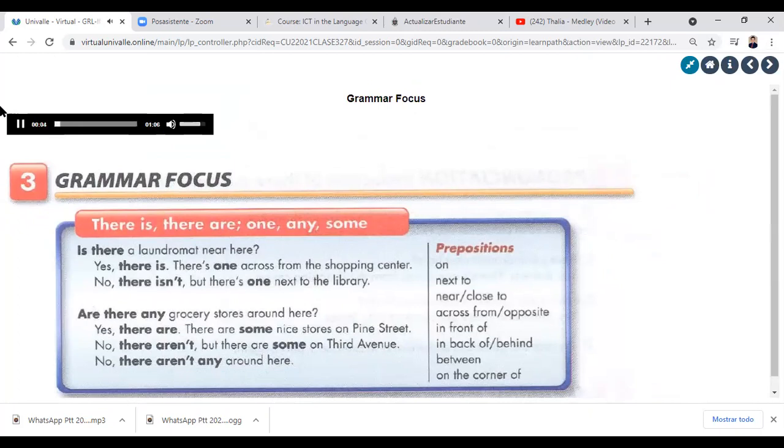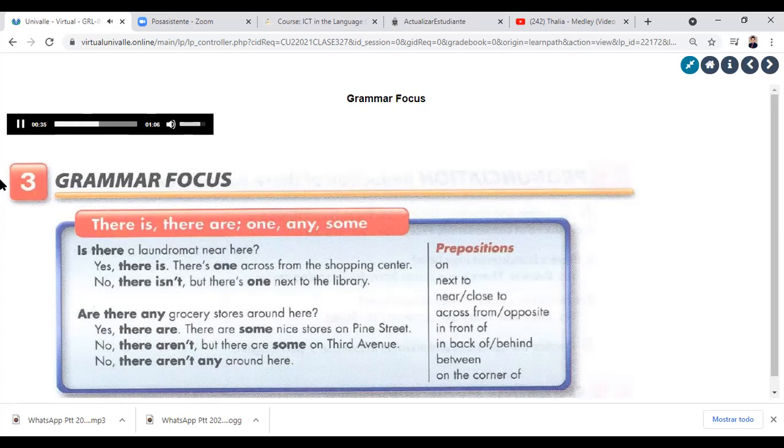Grammar focus. There is, there are. One, any, some. Is there a laundromat near here? Yes, there is. There's one across from the shopping center. No, there isn't. But there's one next to the library. Are there any grocery stores around here? Yes, there are. There are some nice stores on Pine Street. No, there aren't. But there are some on 3rd Avenue.